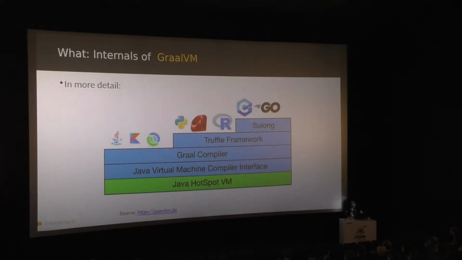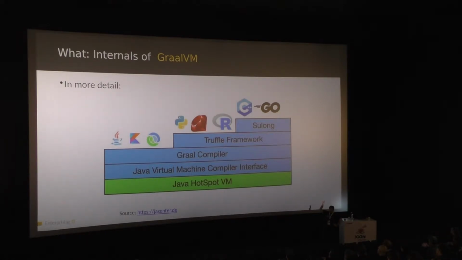A little bit more detailed, GraalVM is layered in a certain way. The downmost layer you should know already. That's what the normal Oracle JDK already provides. On this layer sits the compiler interface. It's a relatively new interface, part also of the OpenJDK.